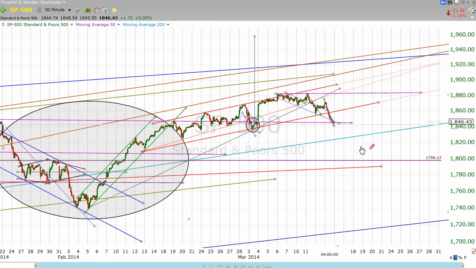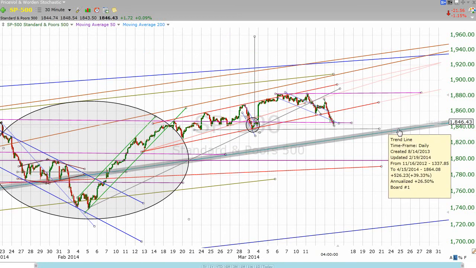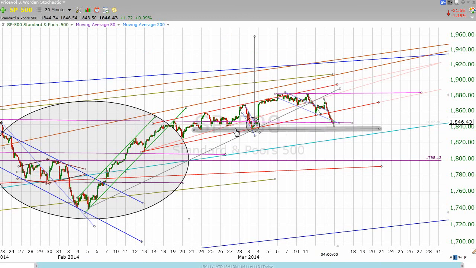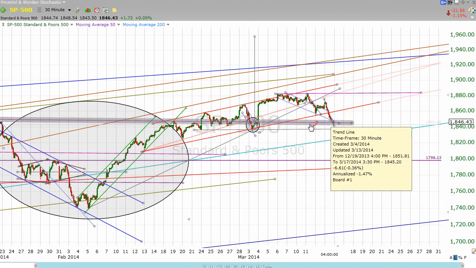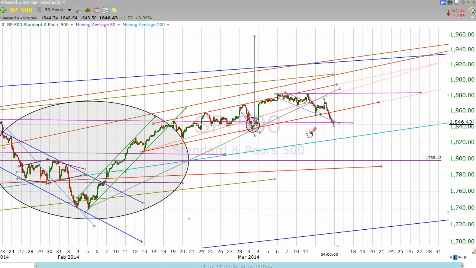So if we were seeing a head and shoulders top form here, I'm going to throw this line up here temporarily, then we could be looking at a neckline here with a left shoulder, head, right shoulder, and if at some point we ended up taking out this line here, then, if that pattern did develop, we would be looking at a move to retest 1800 again.